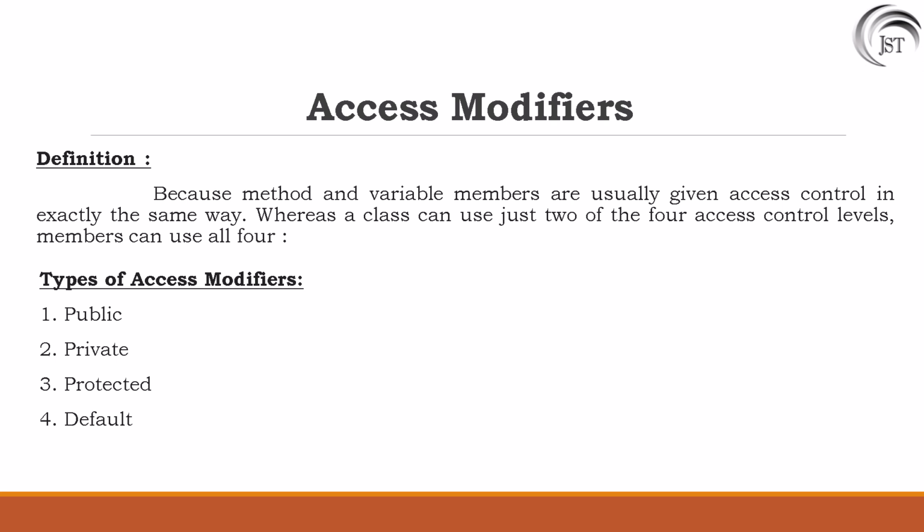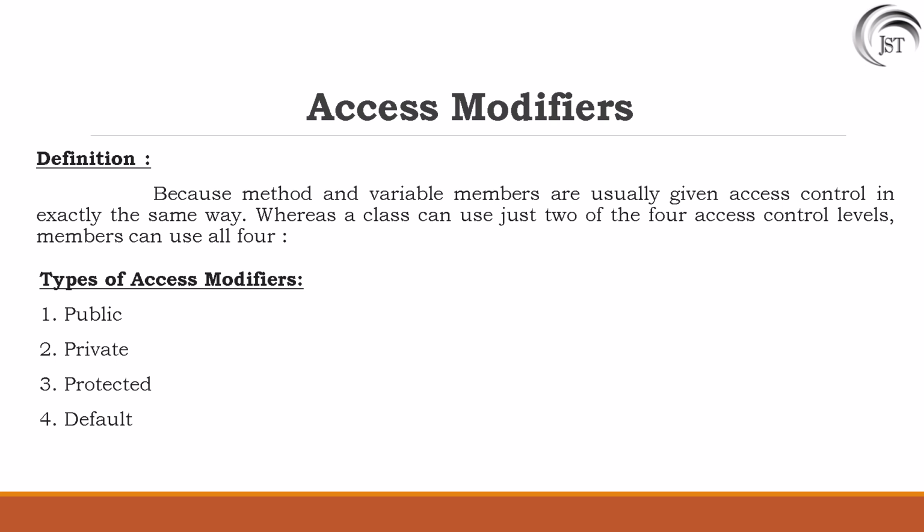Access modifier means we need to give access to some particular area. Suppose you take the example of a school. In that school we provide access to particular students. If there are 10 students, we provide access to those 10 students.